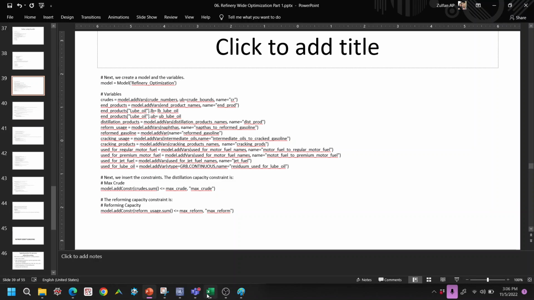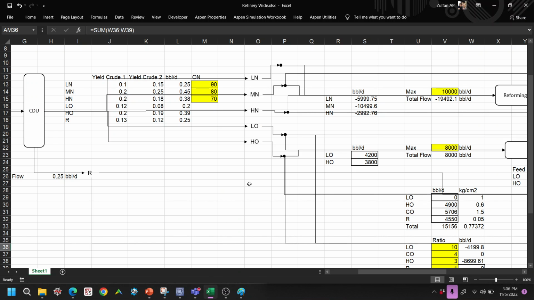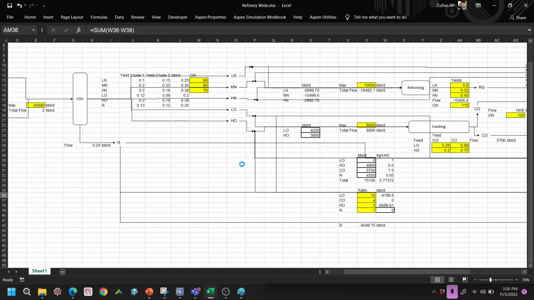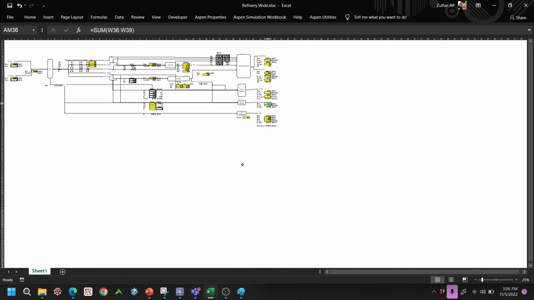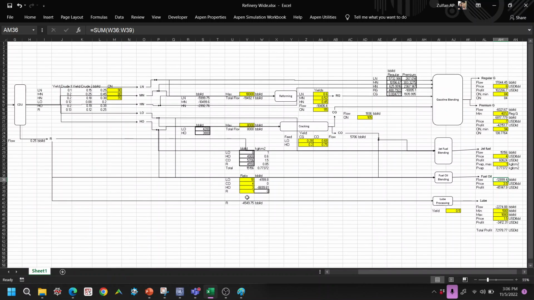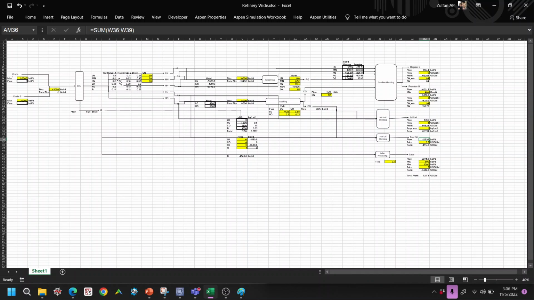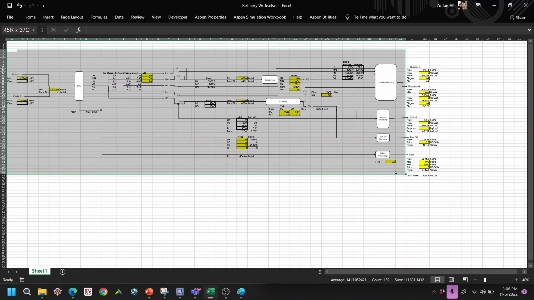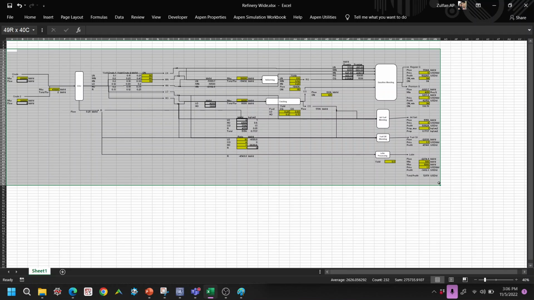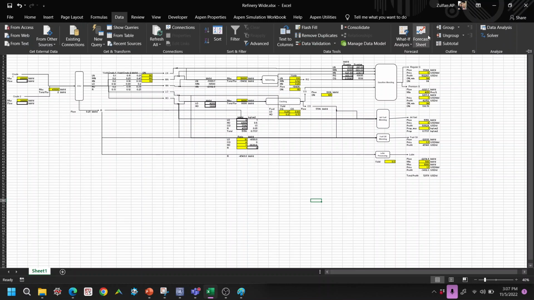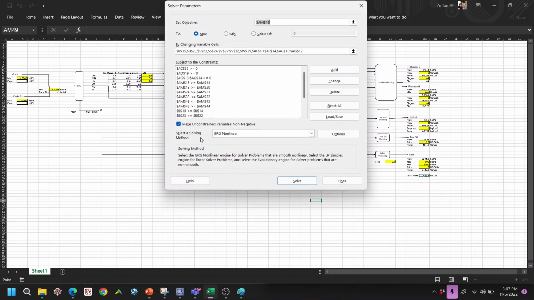Okay, anyhow. So you go back. It's all modeled here in this Excel, and then you can simply use the, sorry. So we have the overall plant over here as a site-wide optimization unit, and then you can say, now I want to solve this.